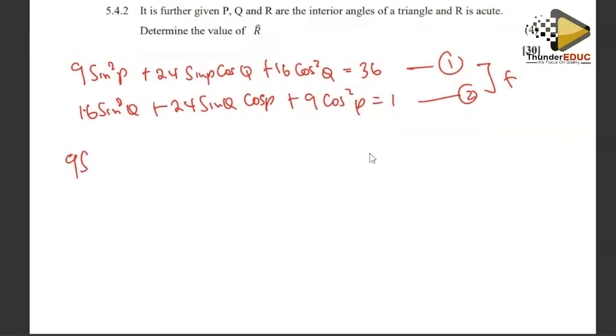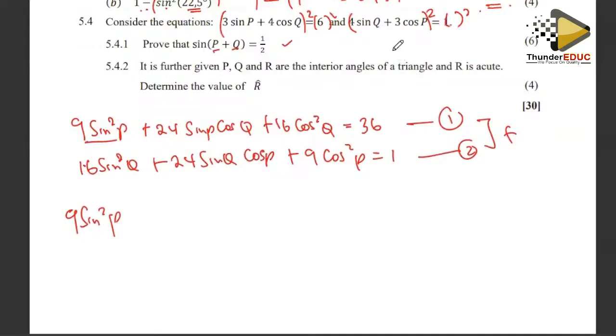Let's see, 9 sine squared p. This is different because it's a sine q and then a cos p. Is there anything common? If I take the 9 and the 9, will that make sense when I'm doing the addition? So it's 9 times sine squared p plus cos squared p.